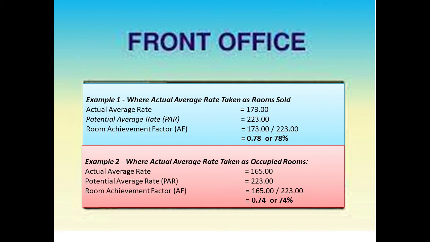For our example number 2, where actual average rate is taken as occupied rooms, the actual average rate is equal to 165. The potential average rate or PAR is equal to 223. The room achievement factor or AF is equal to 165 over 223 is equal to 0.74 or 74%.